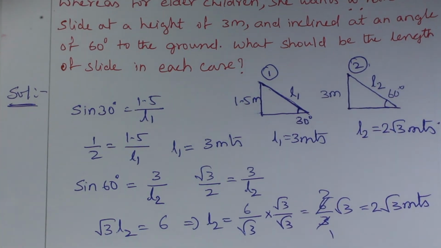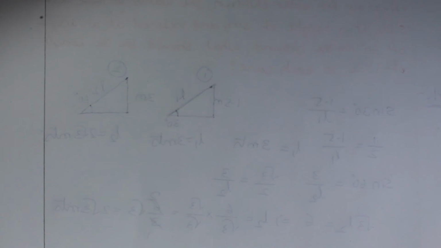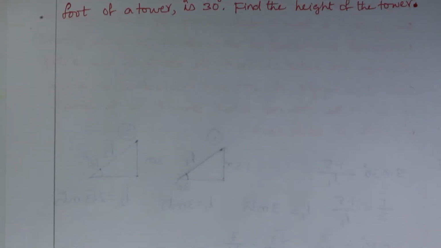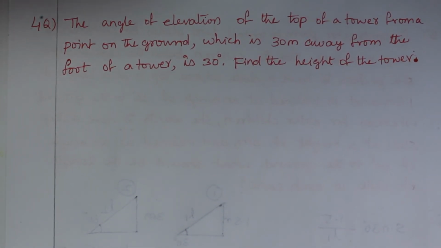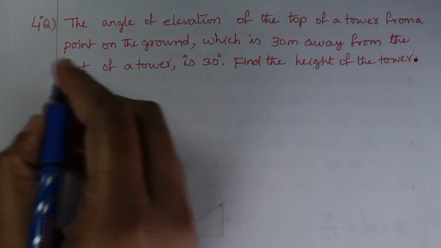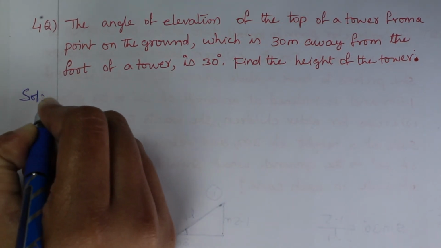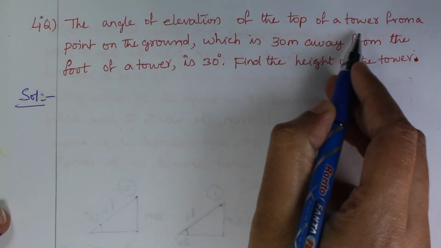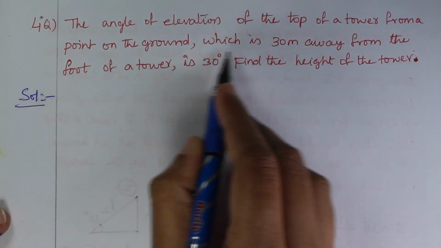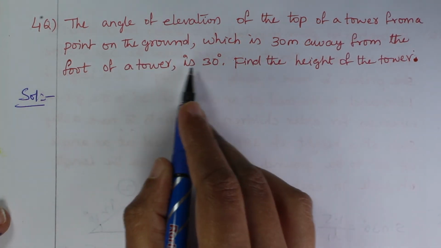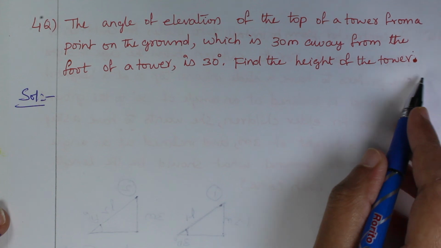Now let's move to the fourth problem. The angle of elevation of the top of a tower from a point on the ground which is 30 meters away from the foot of the tower is 30 degrees. Find the height of the tower.